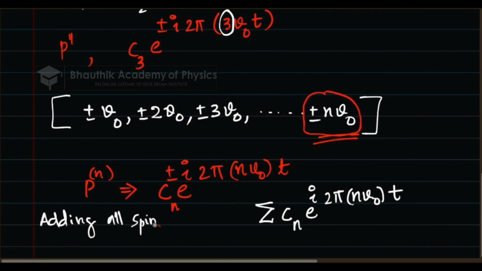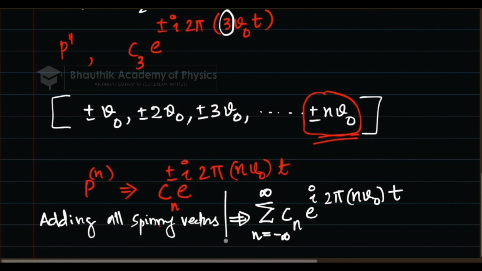all spinning vectors, results in this. Okay, now I'm going to say that n runs from negative infinity. That is, let's say I built or constructed infinite vectors. Okay, which is not practically possible, but theoretically you can always write that. So n runs from negative infinity to positive infinity.